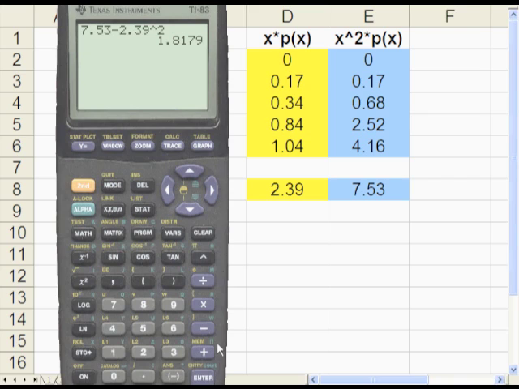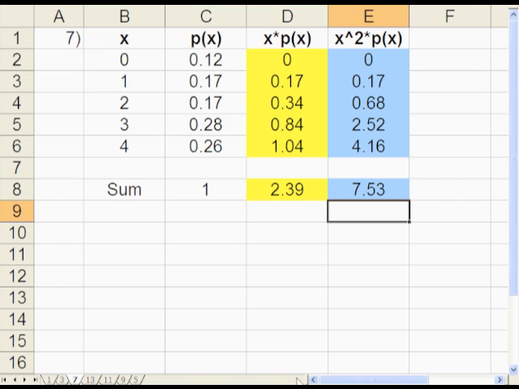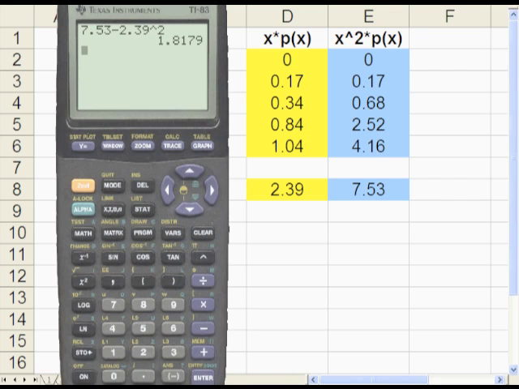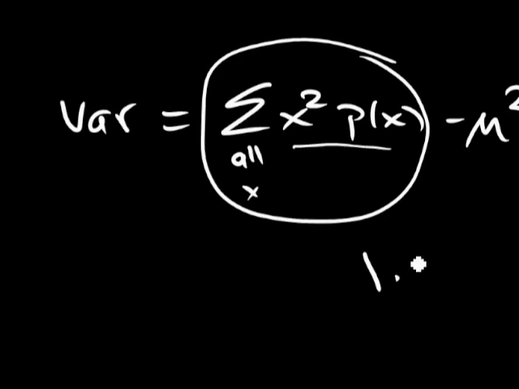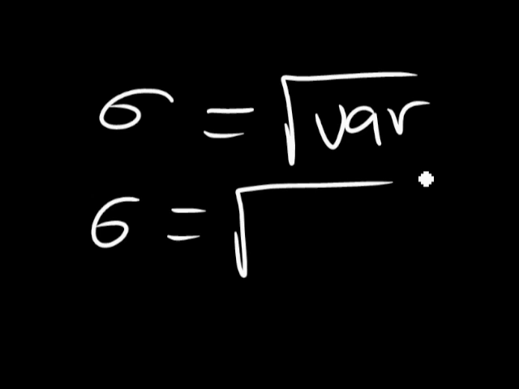This is our variance, 1.8179. However, we need the standard deviation. Standard deviation is the square root of the variance.